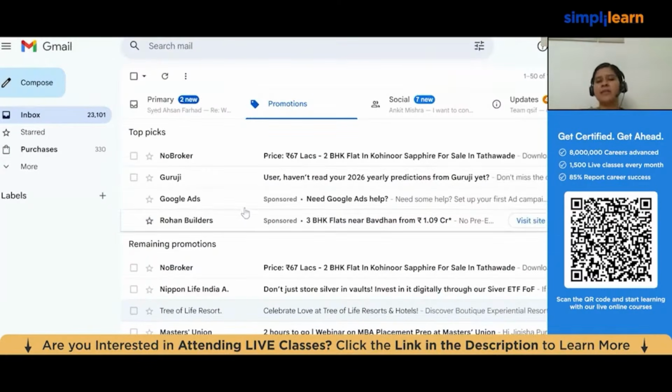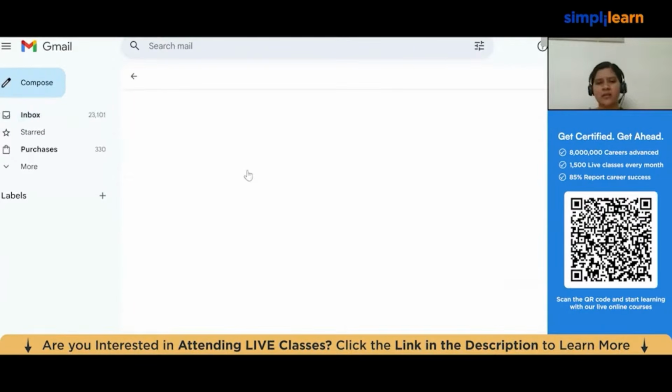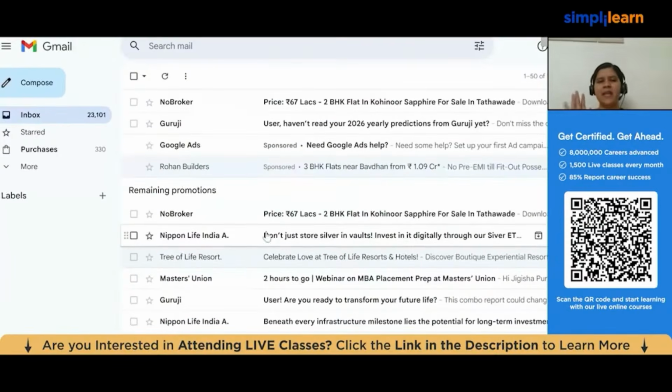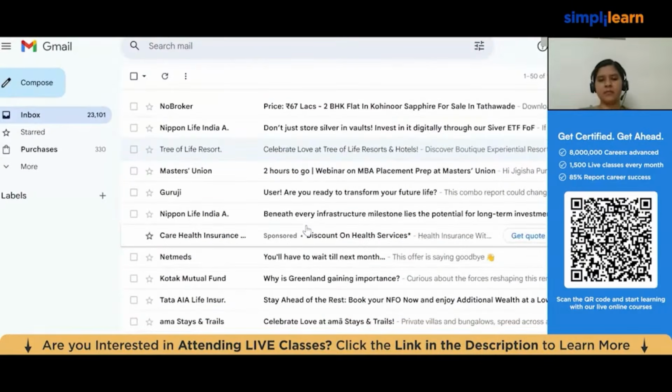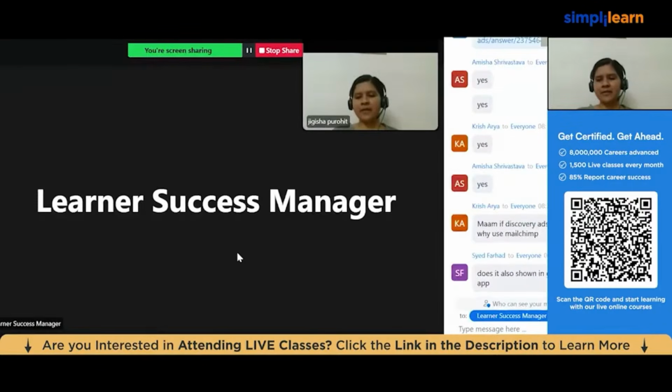Here you can't do that customization, no. Discover ads are not customized to me. Guys, if you could see, this is not a customized ad. Email marketing is a lot about customization. Make sense? Again, this one is through MailChimp and this one is Discover. Don't compare MailChimp and this.